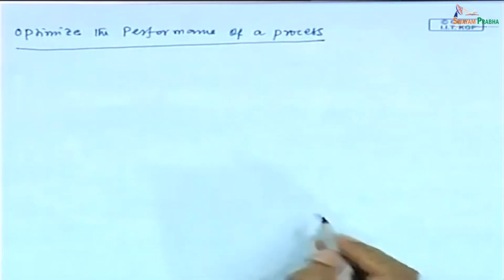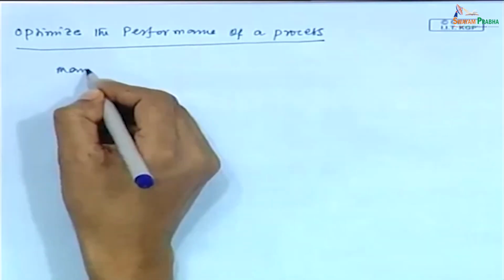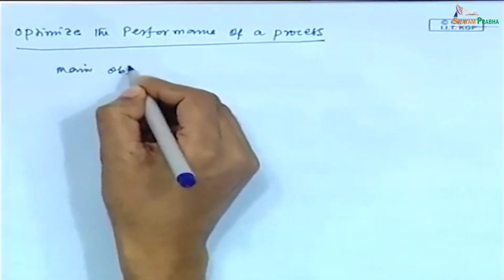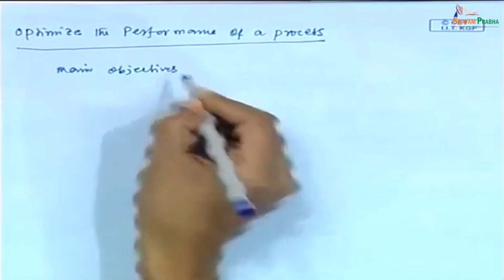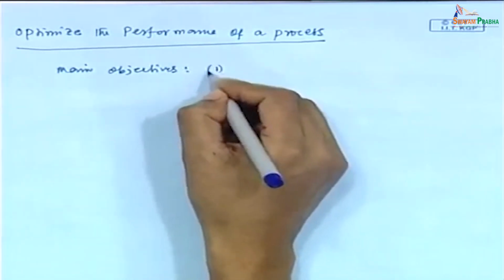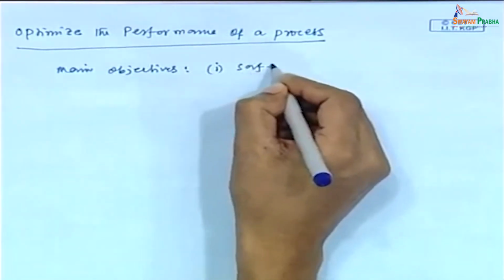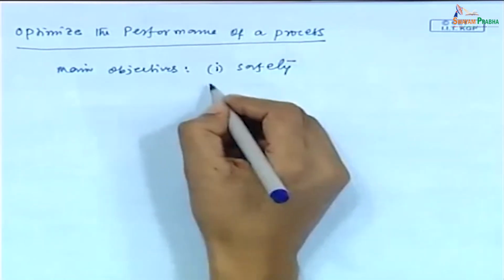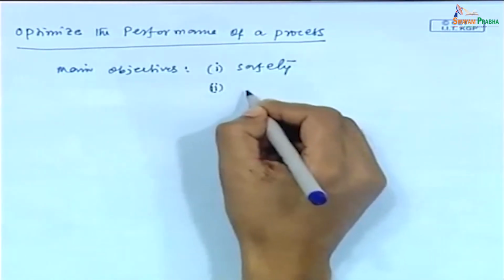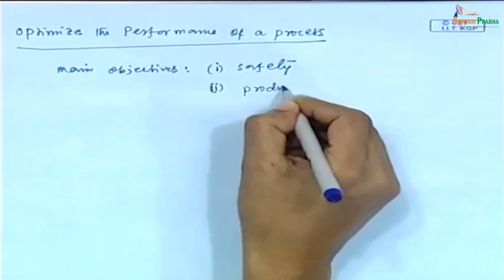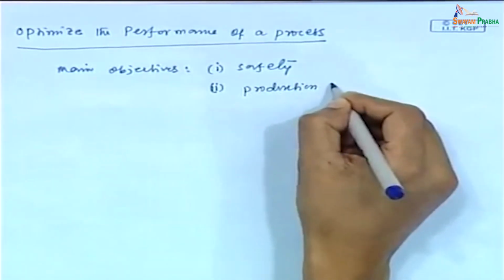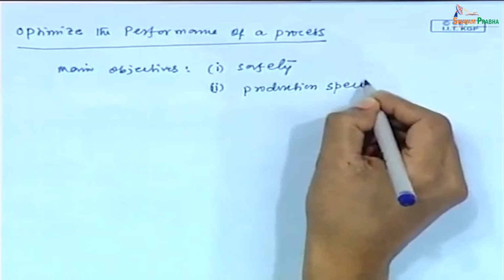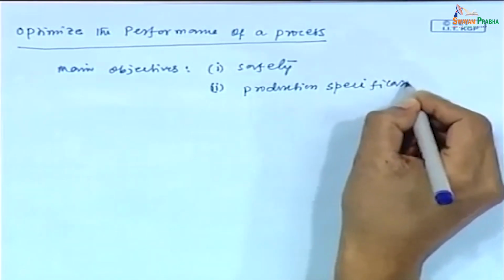Now, the main operational objectives are, first, safety, and second, production specifications.